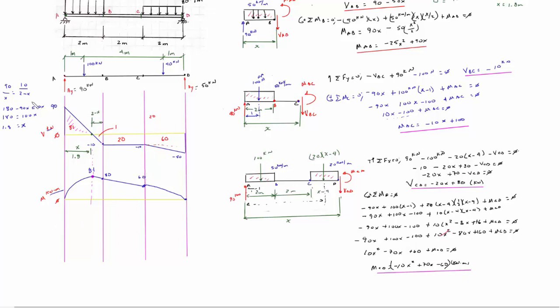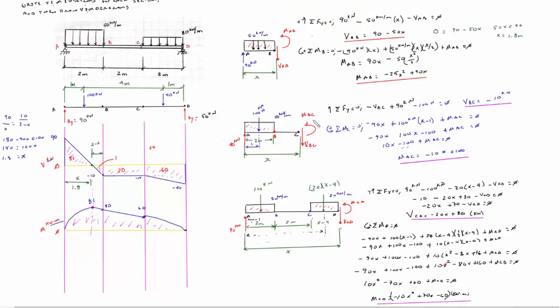I definitely want to label every point that you have on your shear and moment diagrams. Sometimes it's nice to highlight on your paper. I know I have a bunch of stuff here, but if you highlight, you know where your shear and moment diagrams are. Let's take a quick look right here.